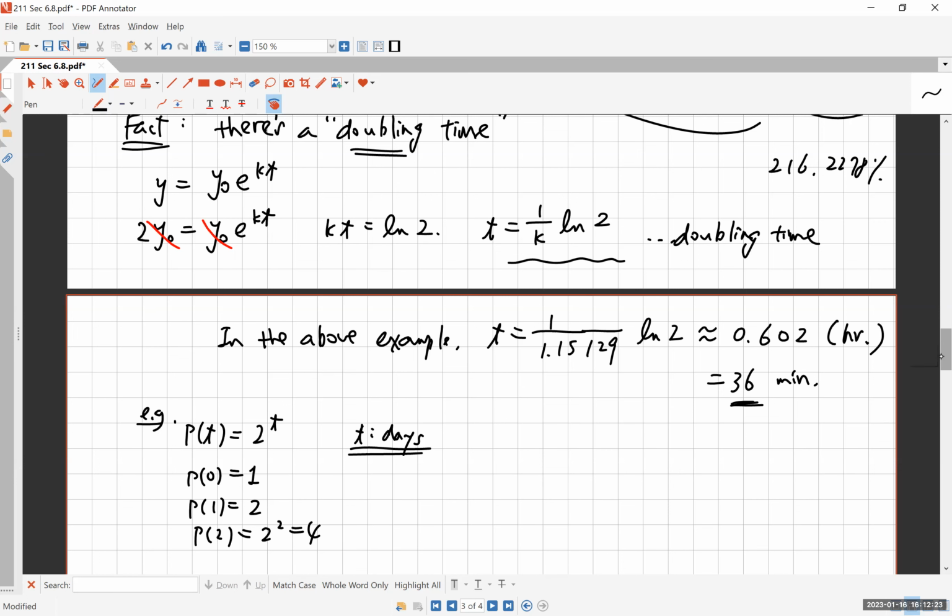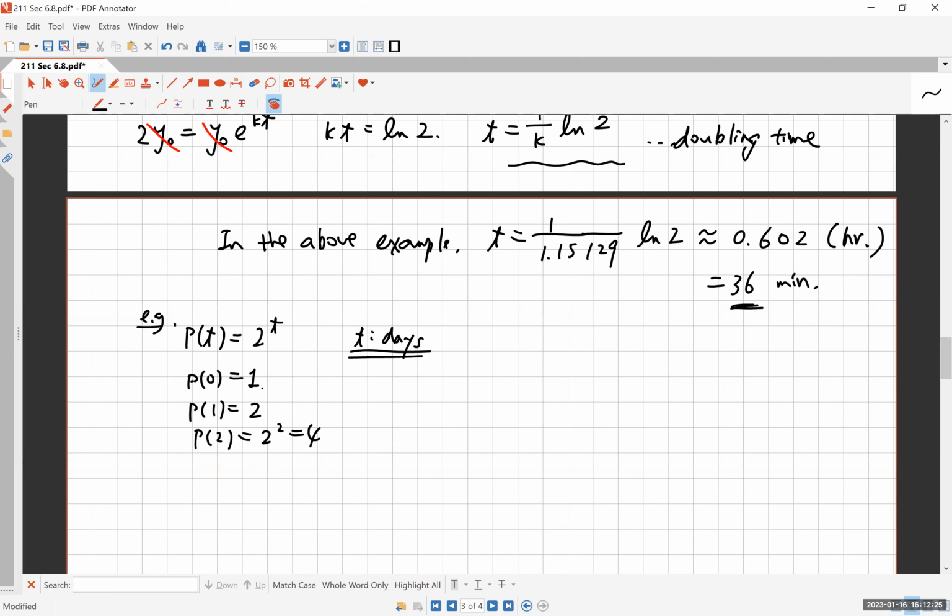So on the initial day you have a $1 bill, next day you have $2 bills, next day you have $4 bills, next day you have $8 bills, which you can't really do much with, okay? But if you wait for 10 days, this becomes $1,024. If you wait for 20 days, then 2 to the 20th, which is about $1.04 million.